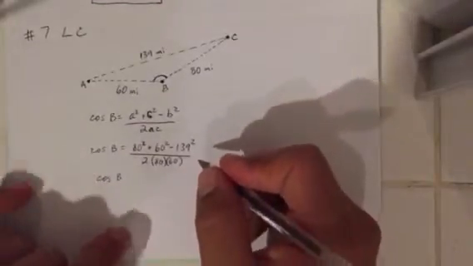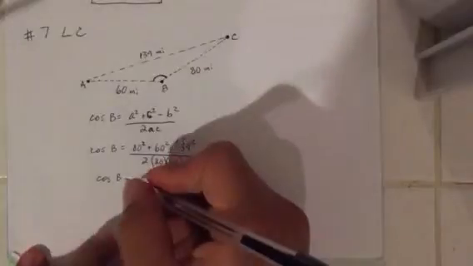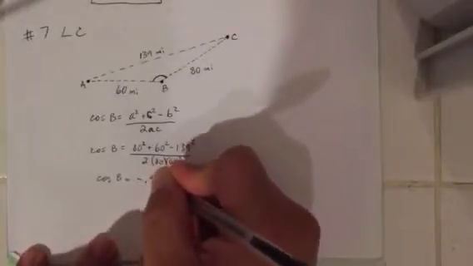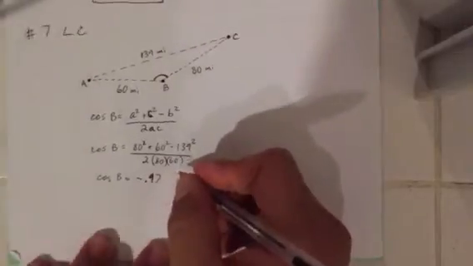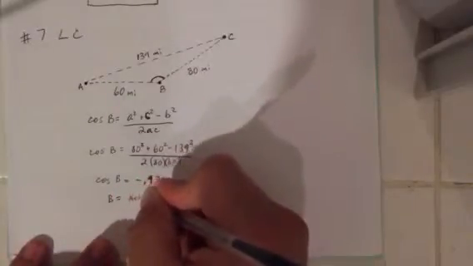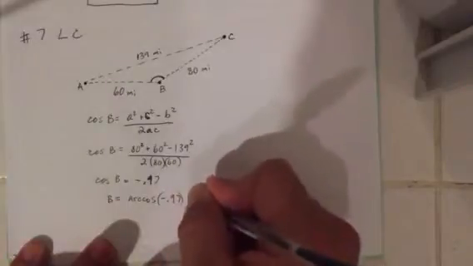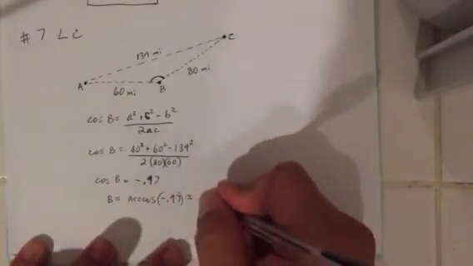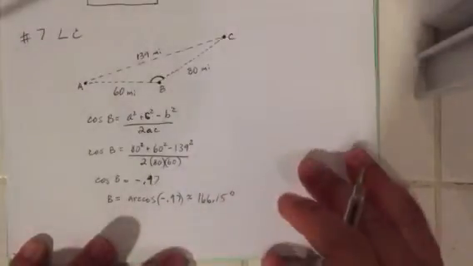And then we're gonna get negative 0.97. So you should get negative 0.97. And then we're gonna take the inverse cosine of both sides. So we're gonna get B equals arc cosine of negative 0.97, which is gonna equal about 166.15 degrees.